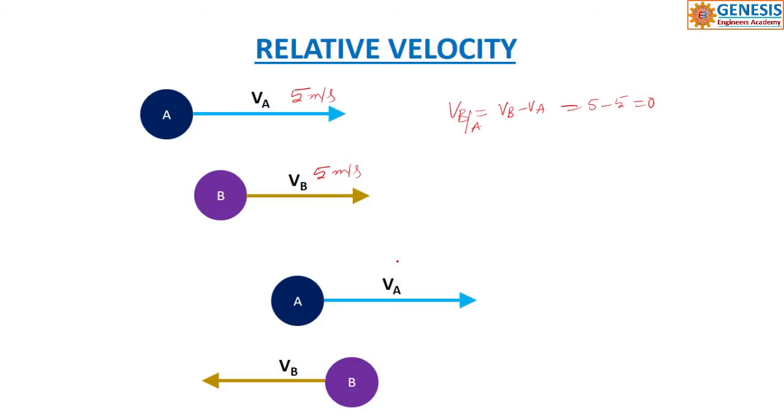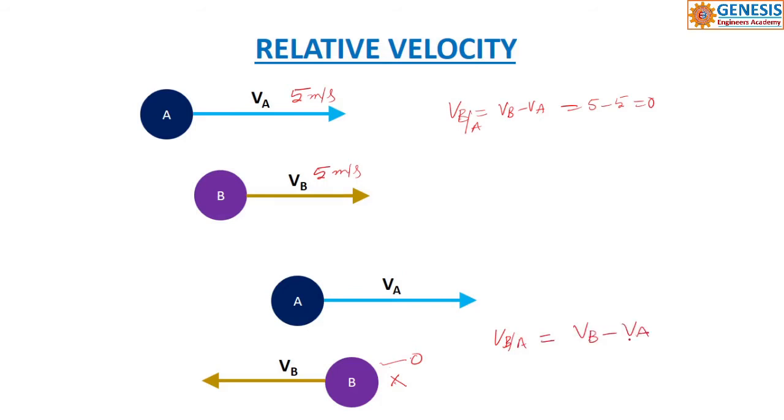Okay, right. Next one is, when you are sitting in the train, which is stationary, its velocity is 0, and the other train is moving. So VB with respect to A is equal to VB minus VA.